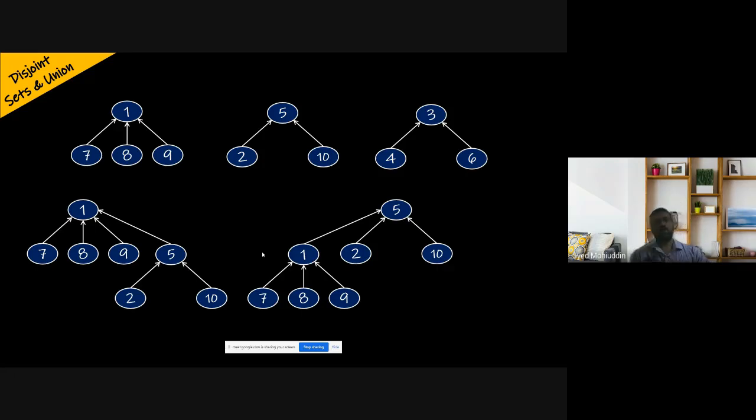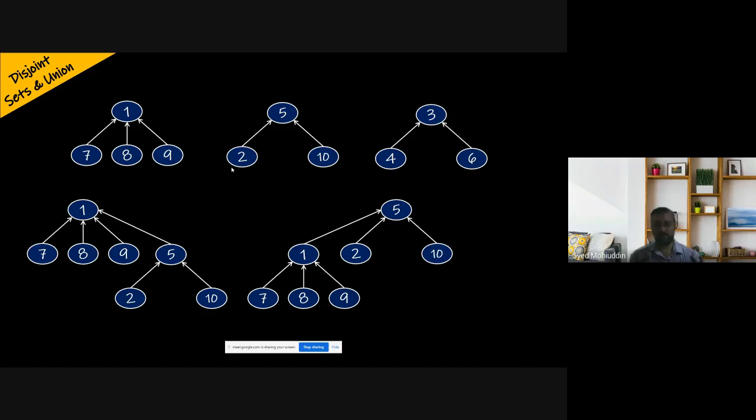Now, we have to be careful with one more concept. Suppose this is set S1 and this is set S2. When we perform the operation of union, set S1 union S2, once the operation is performed, they will not be set S1 and S2 anymore.